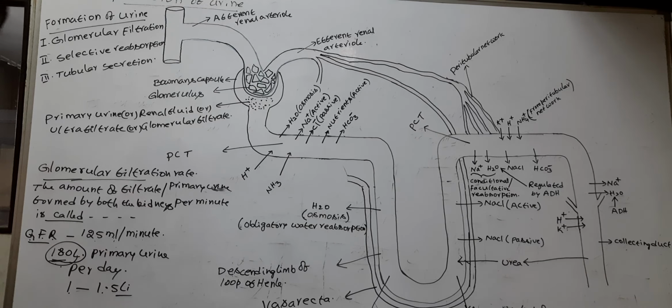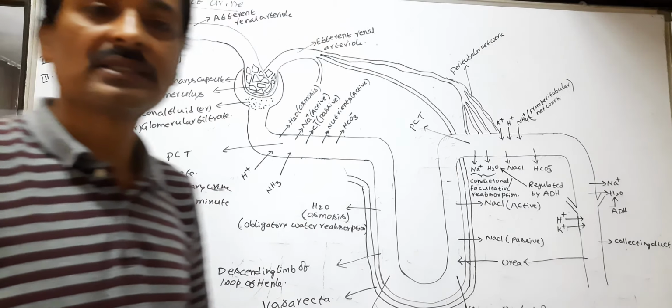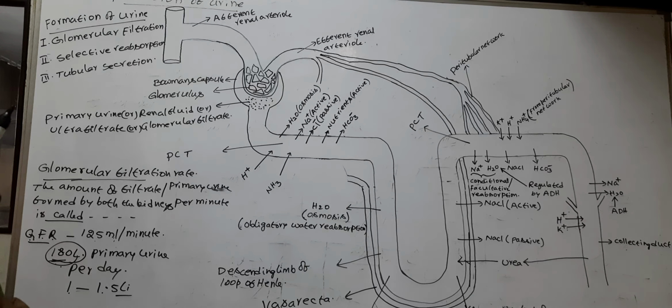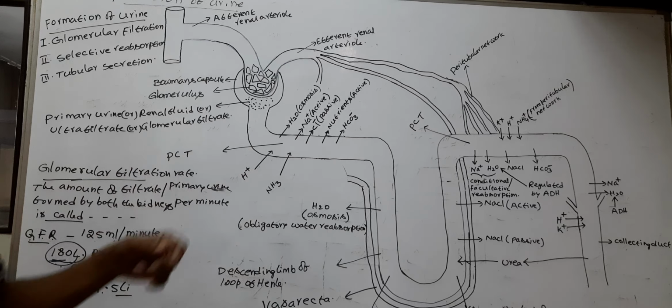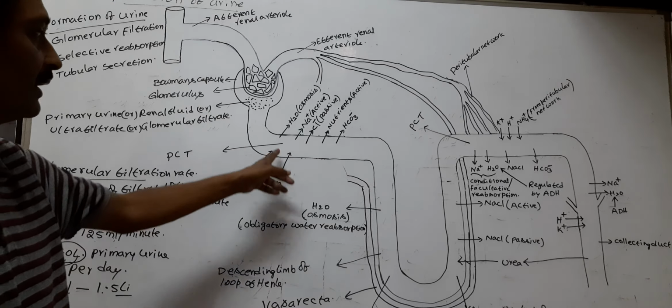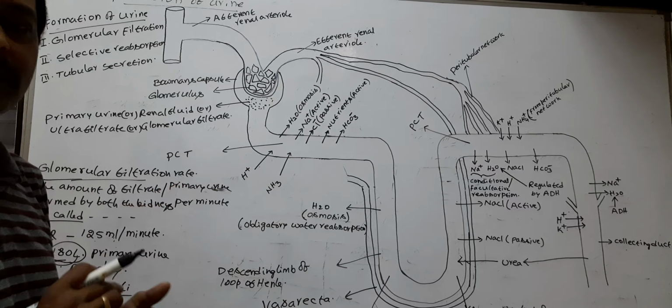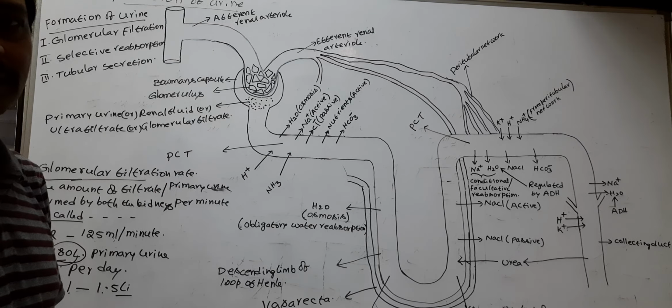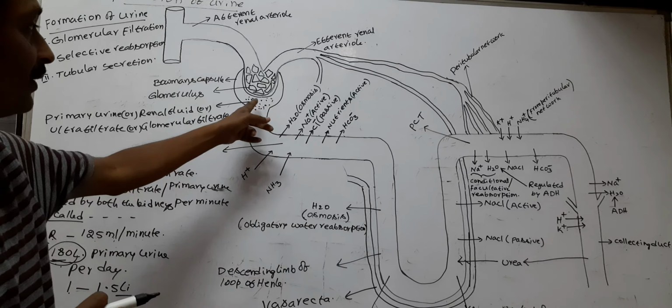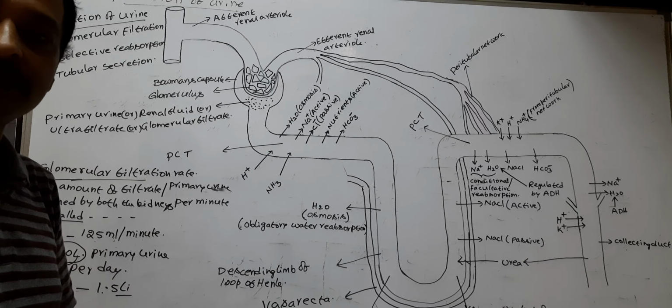So the large amount of primary urine, or contents of primary urine, is reabsorbed by different parts of the nephron. The primary urine contains essential substances.